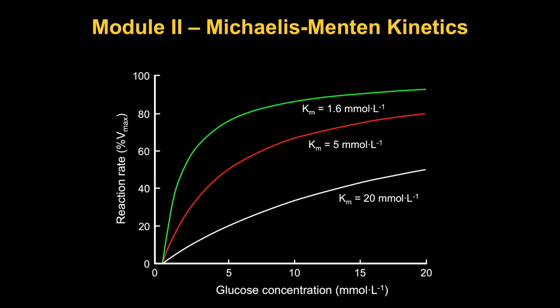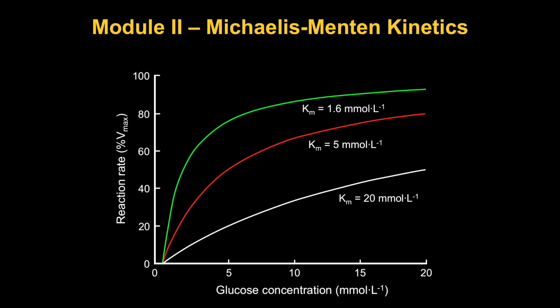So remember that the lower the Km value, the greater the affinity. So we would expect with lower Km values that we would saturate that transport protein much more quickly compared with the 20 Km value here. And that's exactly what you're seeing.